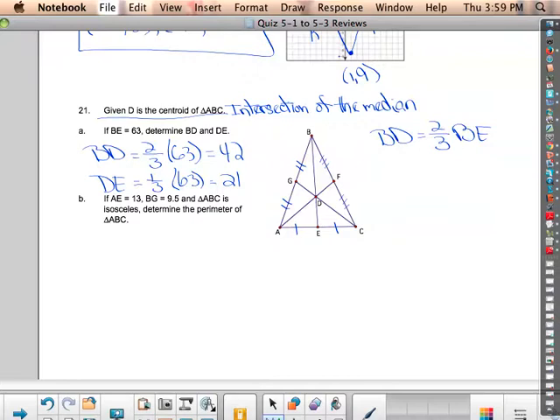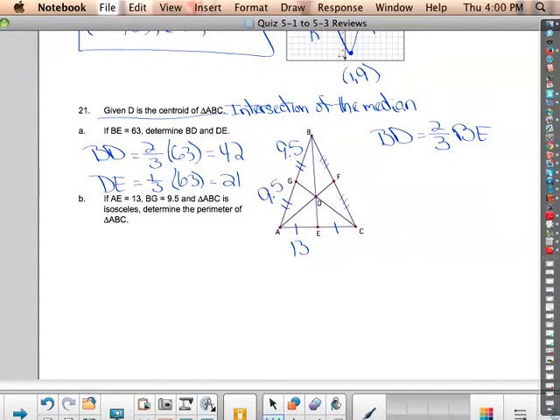Now you're told that AE is 13, BG is 9.5, and ABC is an isosceles triangle, and you have to determine the perimeter of ABC. So we know that this is 9.5.